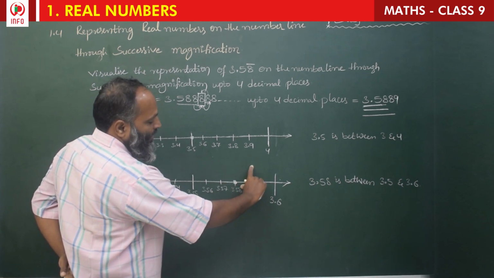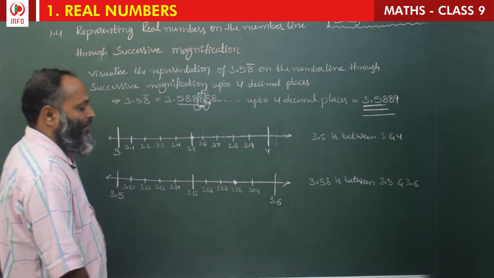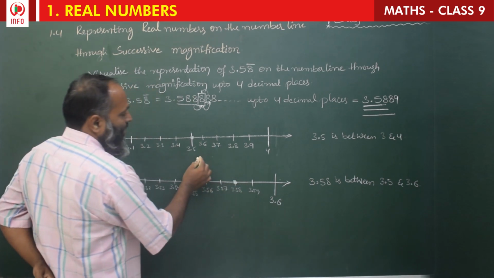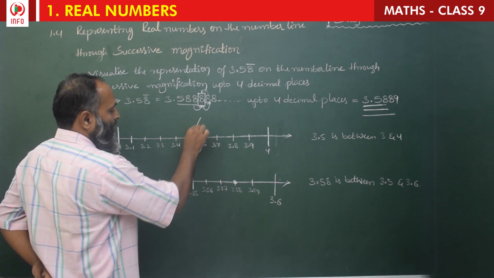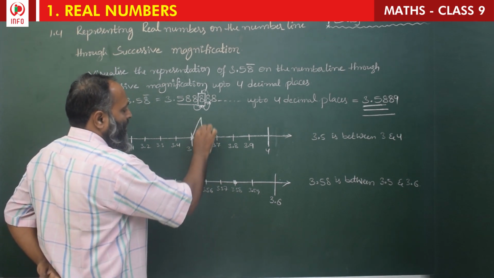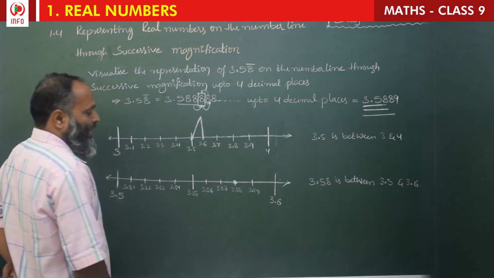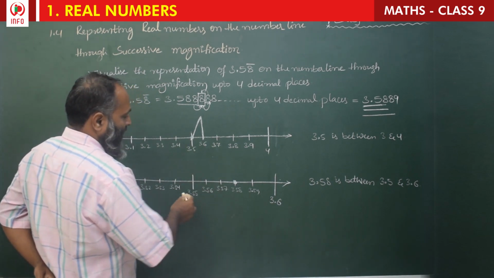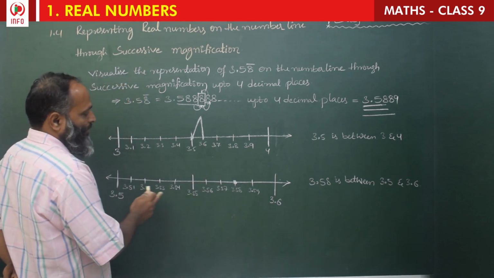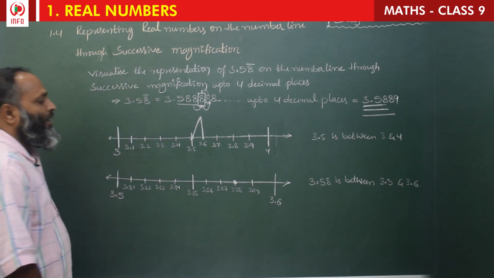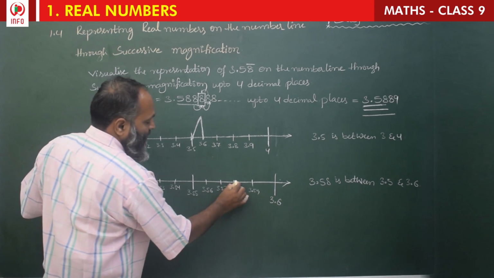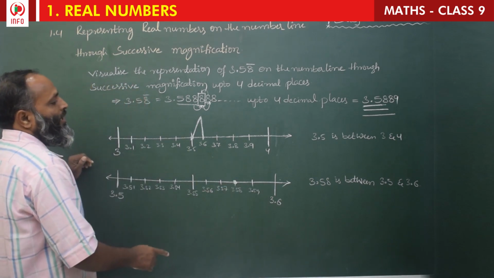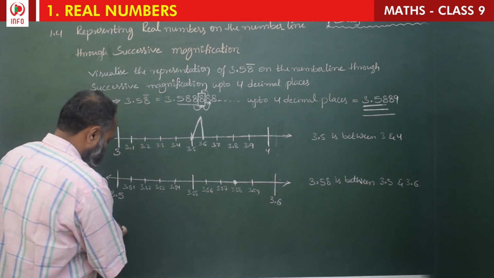So if you zoom here, you will get 3.588 in between these two values. Between 3.5 and 3.6 you will get 3.58.